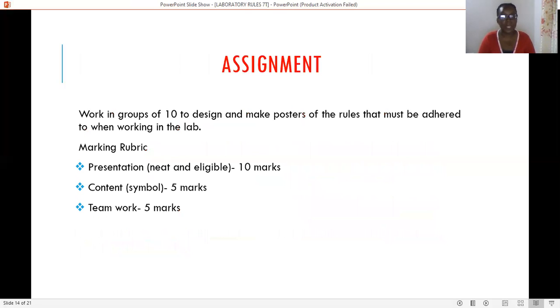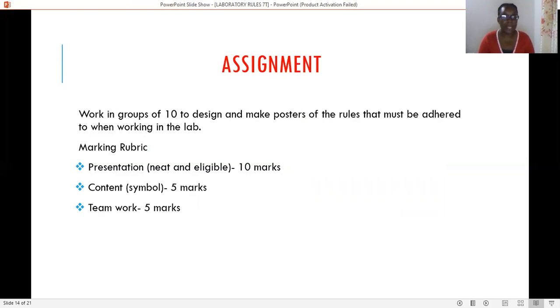All right, so this is just a quick assignment where the students can work on designing posters. Usually such an assignment will involve working in a group of 10 maybe. But what the students can do, they can actually work with their younger brothers or older brothers or siblings, cousins.